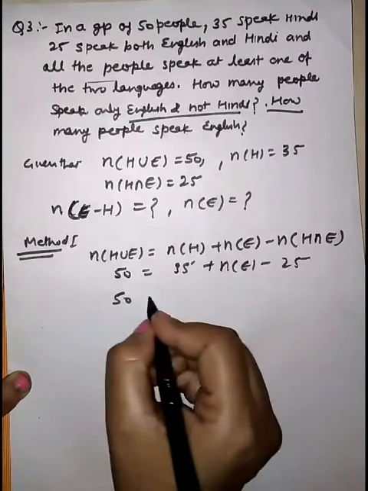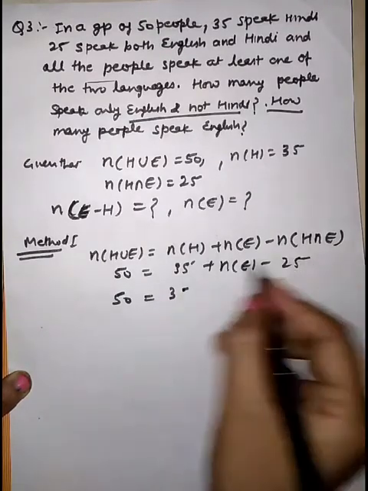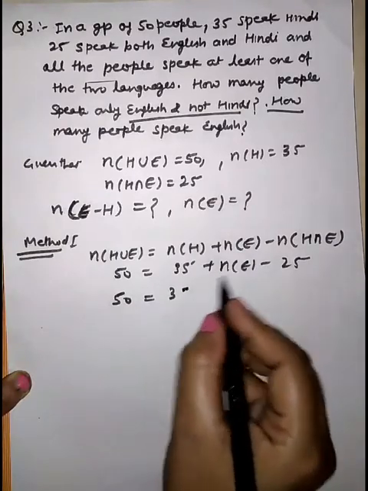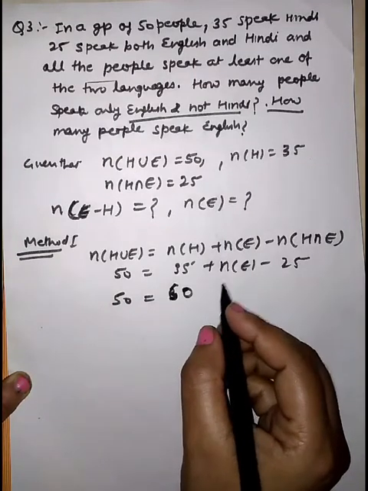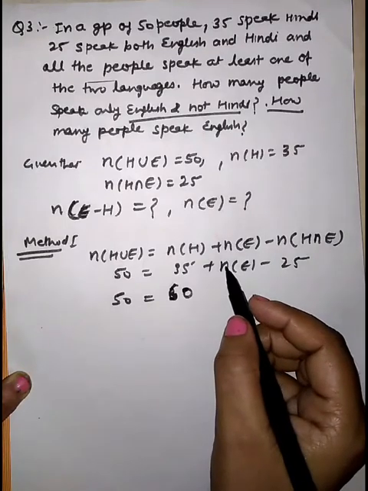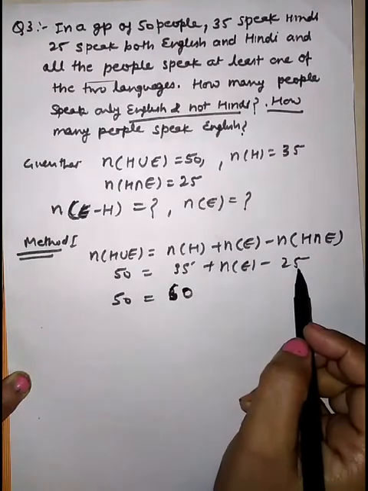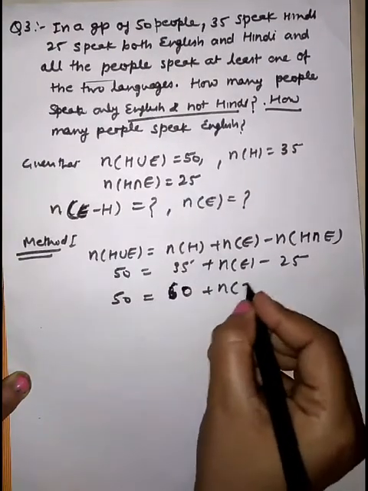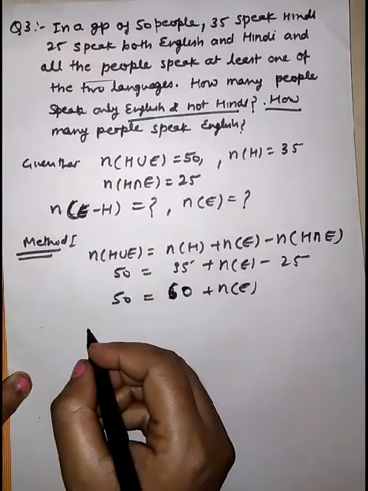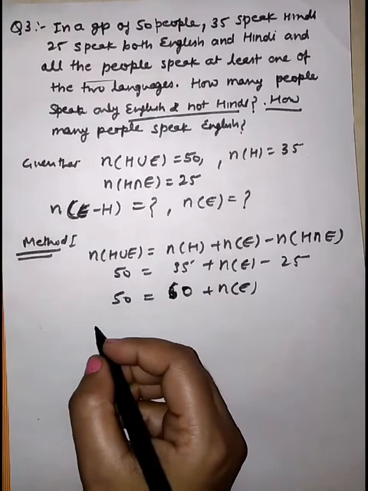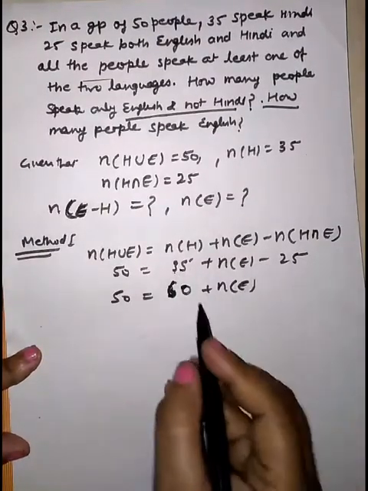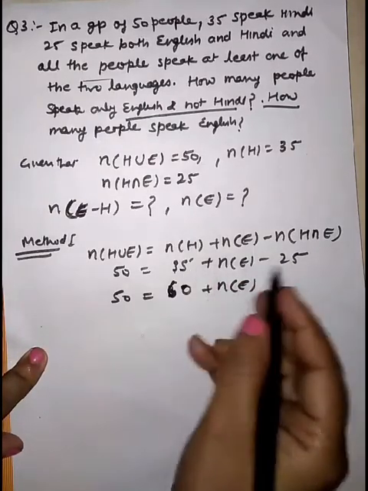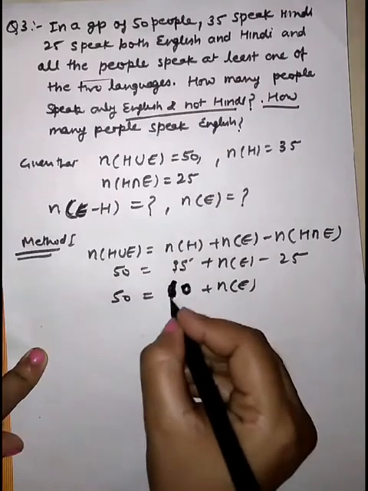So 50 equals 35 plus n(E) minus 25. 35 minus 25 is 10.